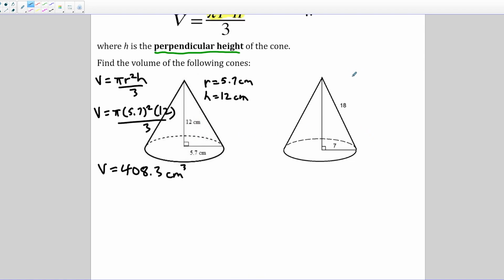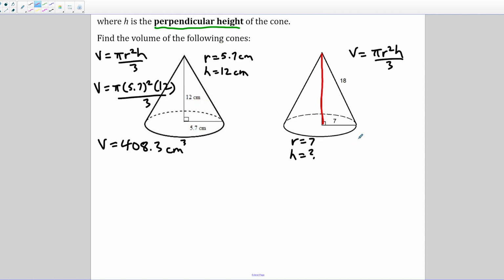For this next problem, let's go ahead and start with our formula. Volume is equal to pi r squared h divided by 3. I noticed that my radius here is 7, but I am missing my perpendicular height, which is going to be this guy here. So I actually have to use, as you might guess, Pythagorean theorem.